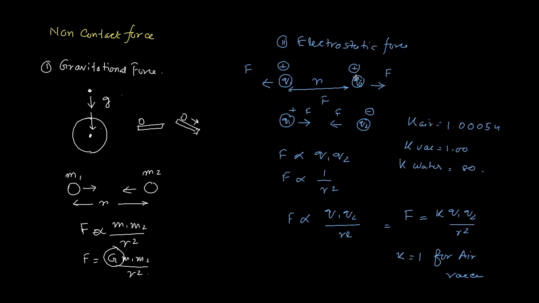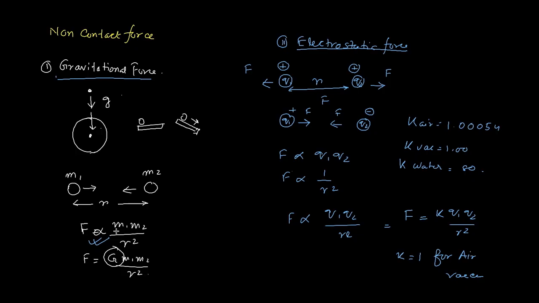One important thing, if you compare the gravitational force and the electrostatic force, is that the gravitational force does not depend upon the medium. That means G is always constant for any kind of medium. If two masses are kept in air, in vacuum, or under water, the universal gravitational constant G is always constant.